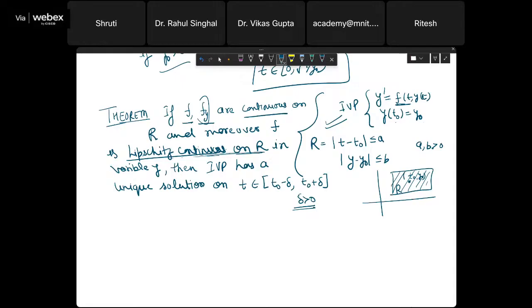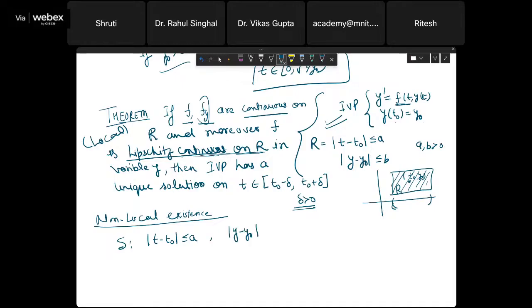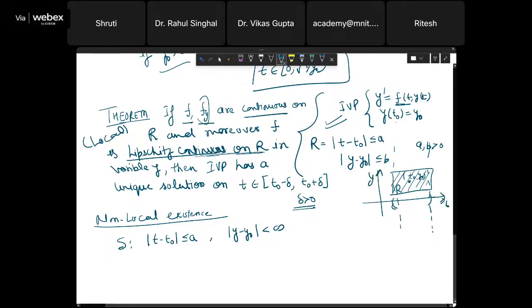So in this case, this is the local case, and if we talk about non-local existence, then our domain will be something like that. Here I'm taking t varying from t naught minus a to t naught plus a, and y is over the whole real line. So this is the t part and this is y.